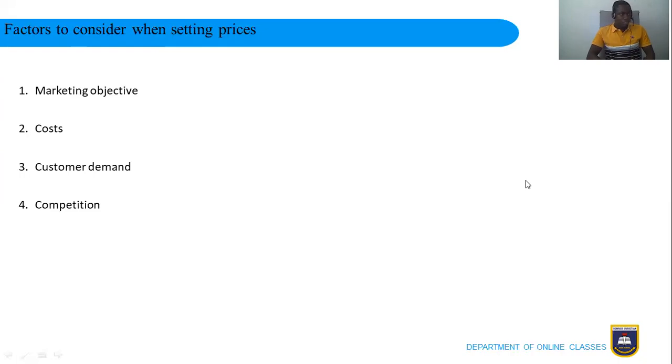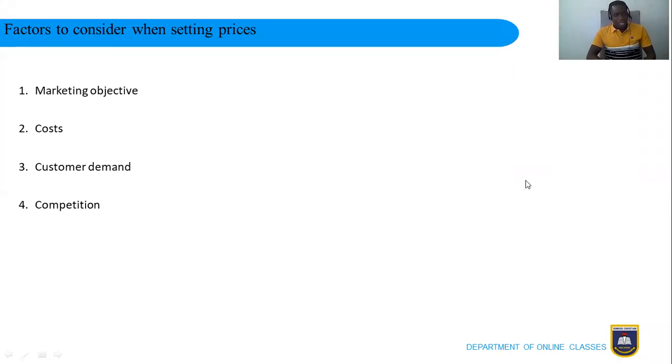Because when you increase it, definitely your return will also be more. So when your objective is to increase or maximize profit, then automatically in fixing your price, you need to increase the price for the product.